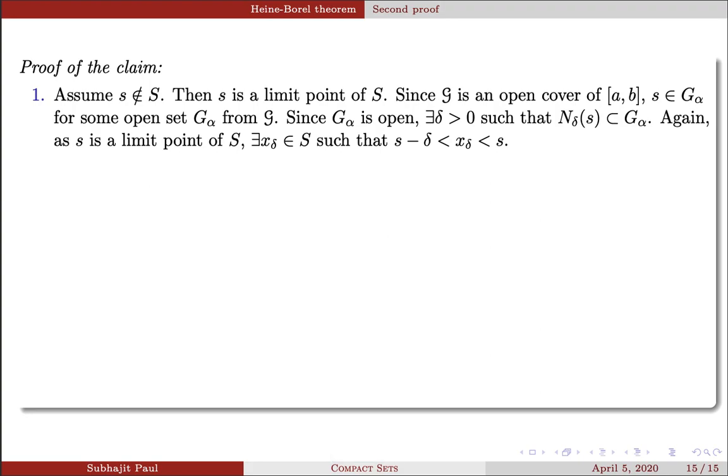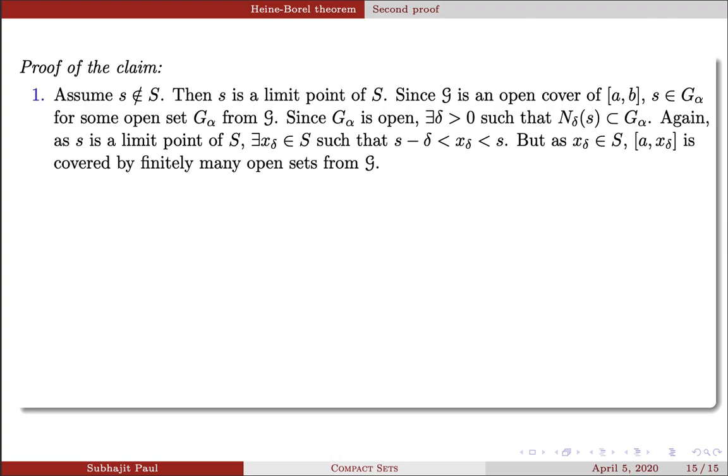Now again, as s is a limit point of capital S, for this particular delta, there will exist a point x delta from capital S such that s minus delta is smaller than x delta, which is smaller than s. Remember, s does not belong to capital S, so this x delta cannot be equal to s. So we have this strict inequality, s minus delta less than x delta less than s.